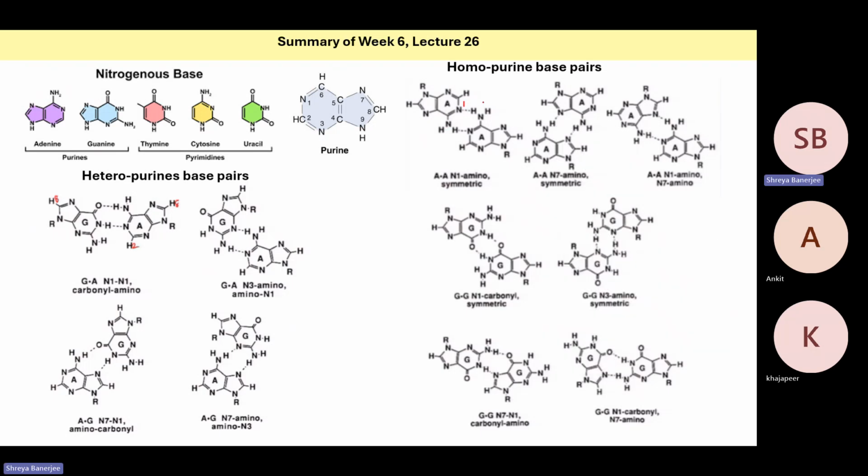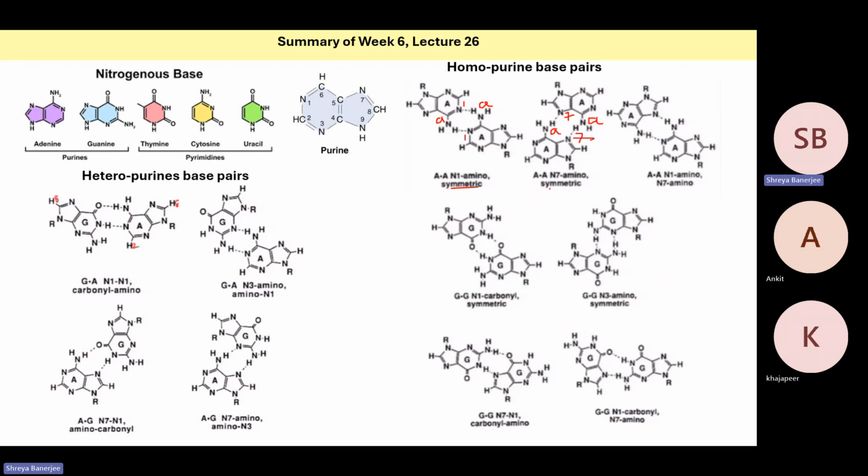N1 is binding to amino, I will call this A. And again, N1 is binding to amino, I will call this A. You're calling it symmetric because both are similar kinds of hydrogen bonds. Then you can have N7 amino. So this is N7 binding to amino. Again, N7 binding to amino.